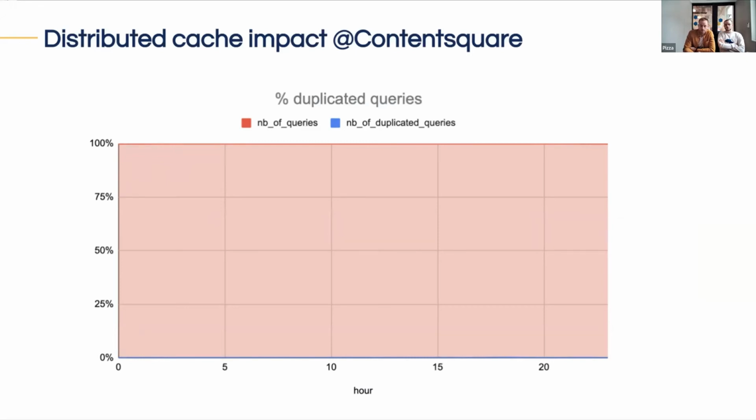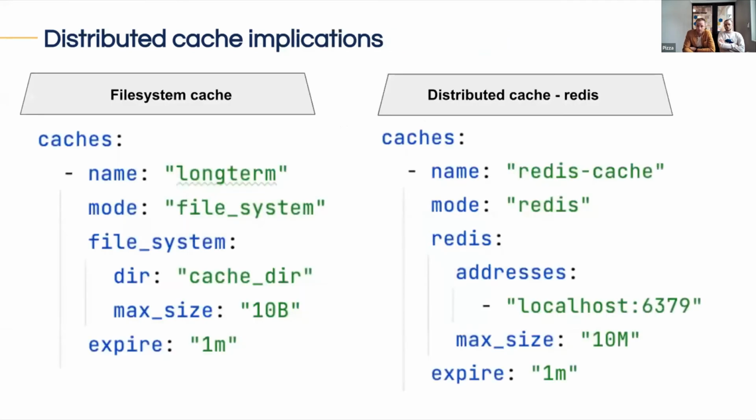But you know what? It's not yet the best. The best is that you can use it also on your systems, and how to use it is shown here. Depending on your scenario, if you are also in the case where you have multiple replicas, you might be interested in using the distributed cache.